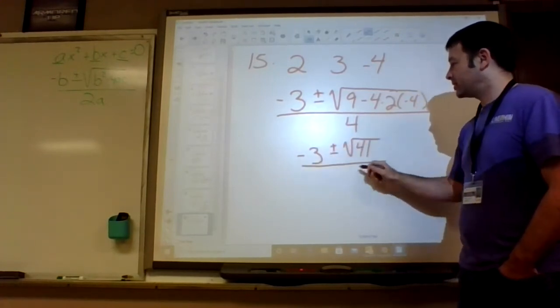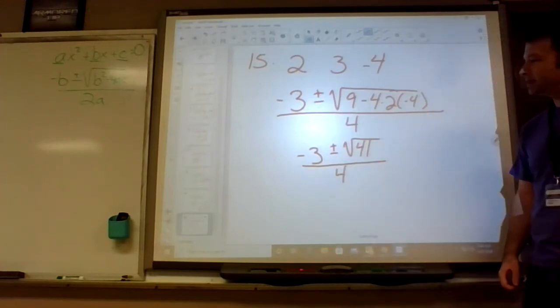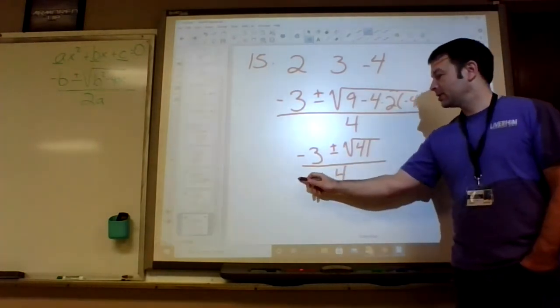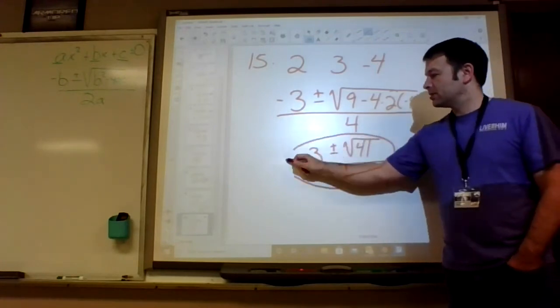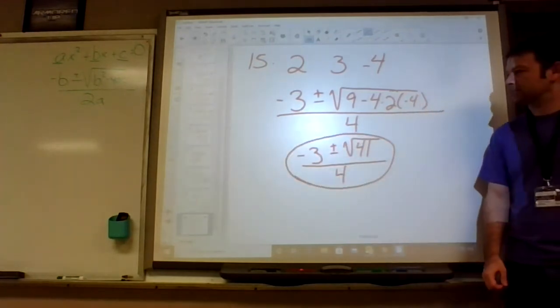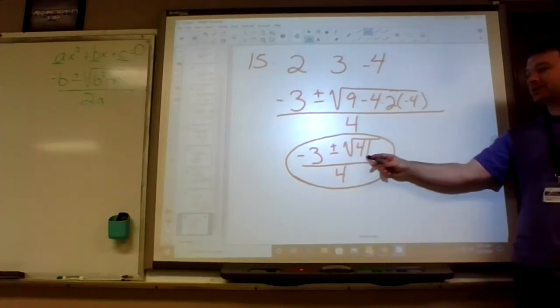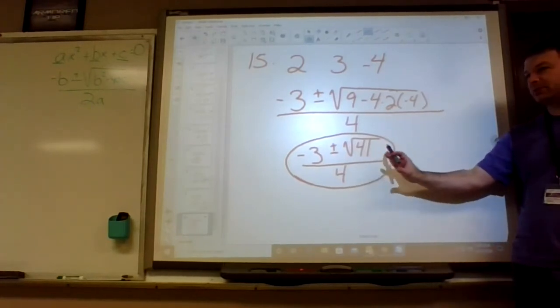Positive this time. Is there anything else I can do to that? No, 41's prime, it's not going to break down. When there's a square root in the last part, you don't have to put a negative. Yeah, if the square root doesn't simplify, you stop.